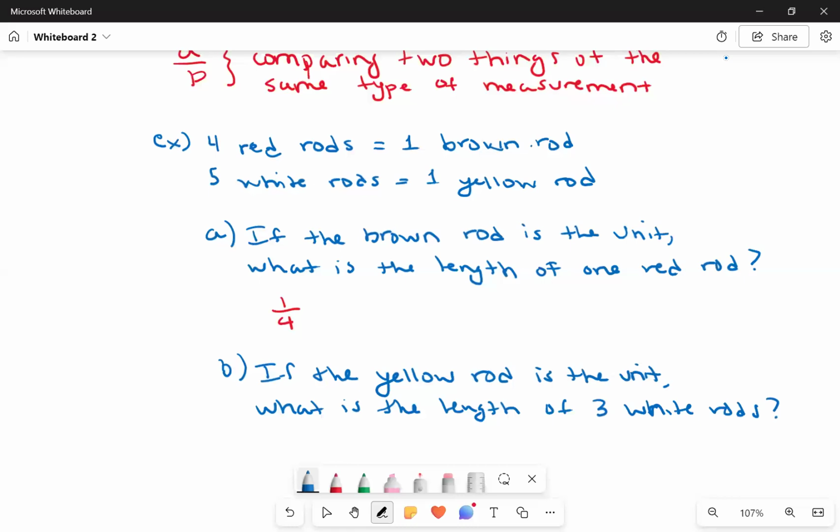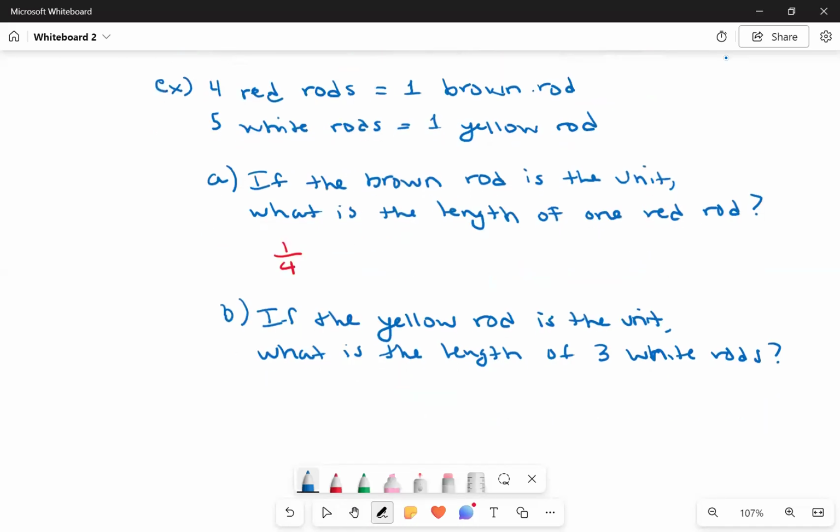Answer the question, give it a guess. And I'm going to guess then. So if 1 yellow rod equals 5 white rods, you can think of 1 white rod as being 1/5. But if we have 3 of them, 3/5. And there you go. That's how the book really gets into the ratio concept.